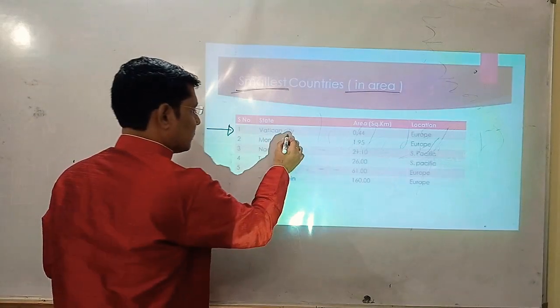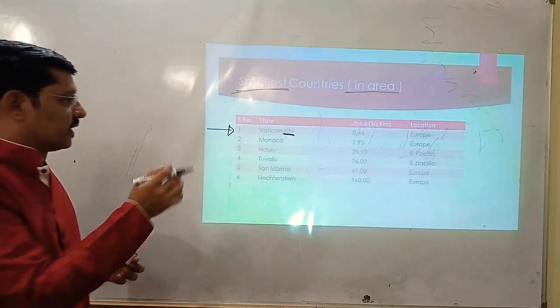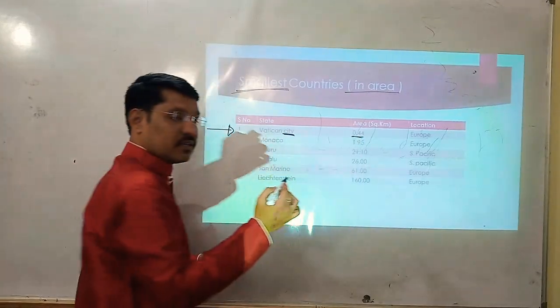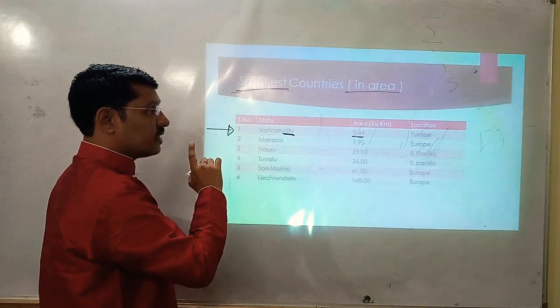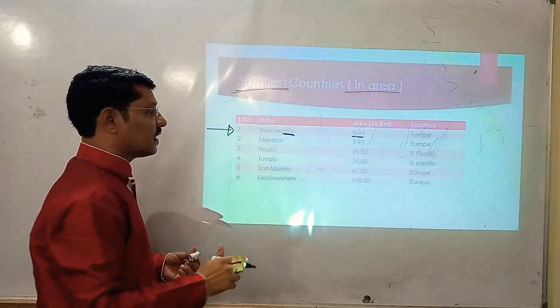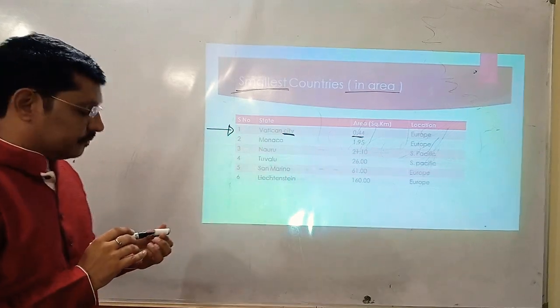Don't get confused: though named a city, it is not a city, it's an independent country. They may also ask questions like how many square kilometers the smallest country is, and that it is located in Europe.